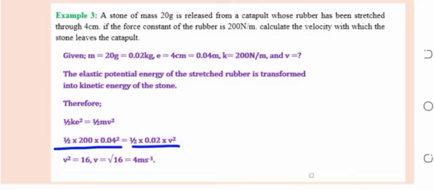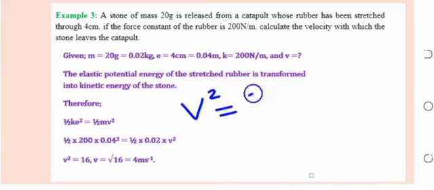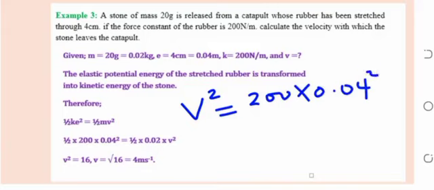Making v the subject of the formula, we can take out the halves, and dividing by 0.02, v squared will be equal to 200 multiplied by 0.04 squared divided by 0.02.